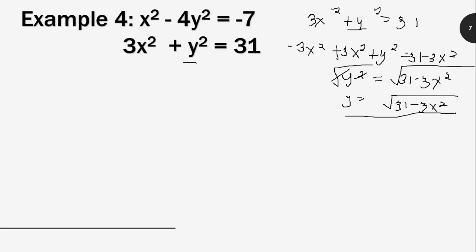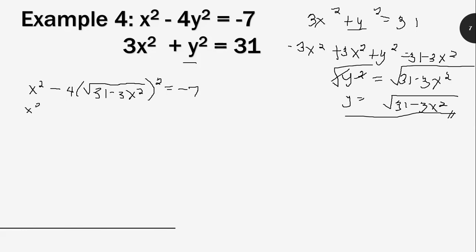So the temporary value of our y, substitute po natin siya sa equation na hindi natin nagalaw, which is equation number 1. X squared minus 4, our y is the square root of 31 minus 3x squared, quantity squared, is equal to negative 7.